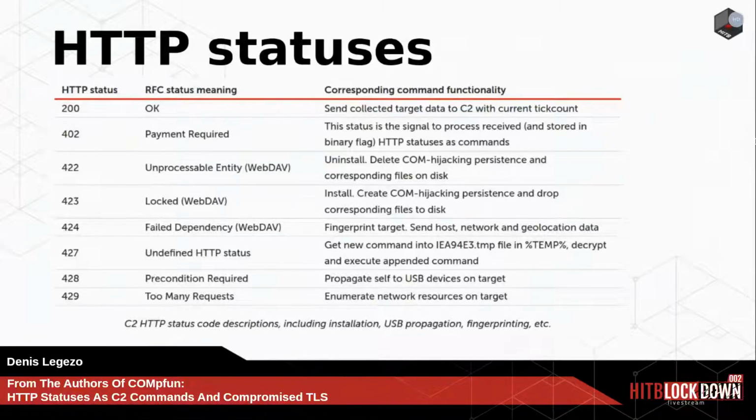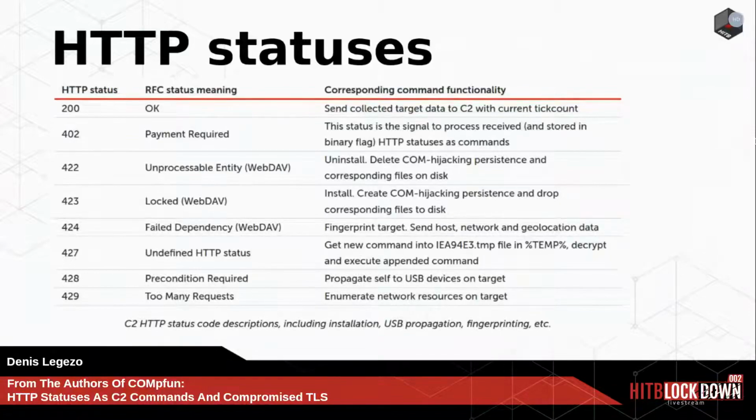So what else? COM hijacking is just the same persistence mechanism. Maybe you remember it from the first slide of part 2 of the story. It's also heavily used in the original COM, and the Reductor guys also use the same persistence mechanism.